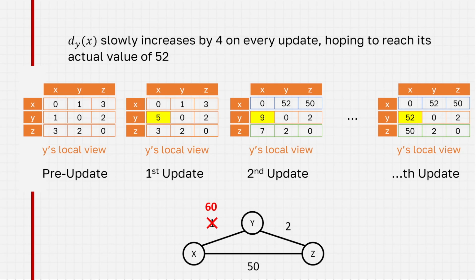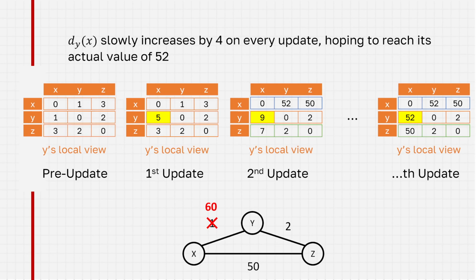Then you will see that it's actually faster for me to go from y to z to x. Boom. I don't have to go back and forth ping pong anymore. So it has to go back and forth until it reaches a point where y decides it's actually faster to go y to z to x directly. It will have to cut through that breakpoint, then it will be 52.